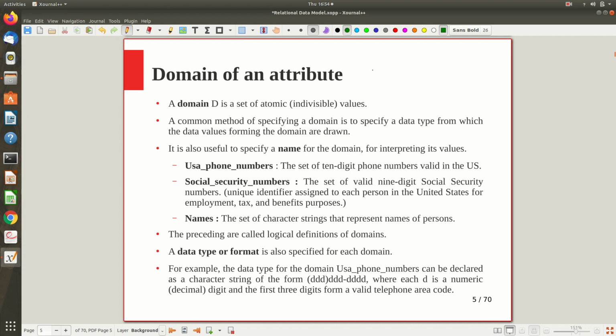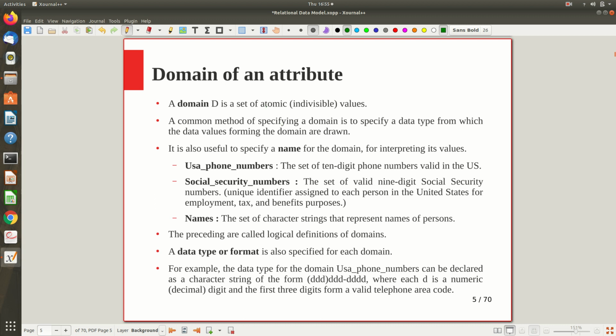Now you can visualize a table having a set of rows, and column headers are the attributes, and rows are otherwise called tuples. If you are looking at each attribute, the set of all possible values for an attribute is what we call a domain. Same terminology we saw in the ER model also, same meaning here. So domain D is a set of atomic values.